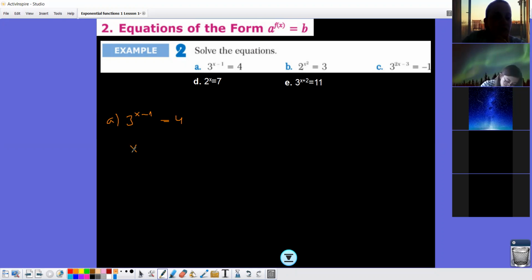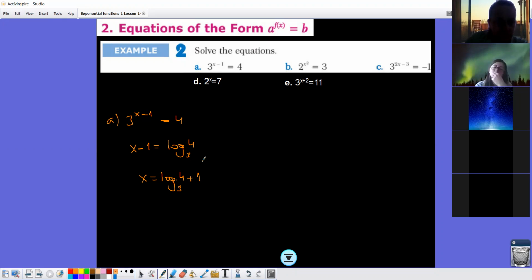So this one will be x minus 1 is equal to logarithm of 4 to the base 3. Yes, because I'm looking for x, I will take minus 1 to the other side. So x will be equal to logarithm of 4 to the base 3 plus 1. If I want, I can leave it like this, or I can continue some more steps to write it simpler.